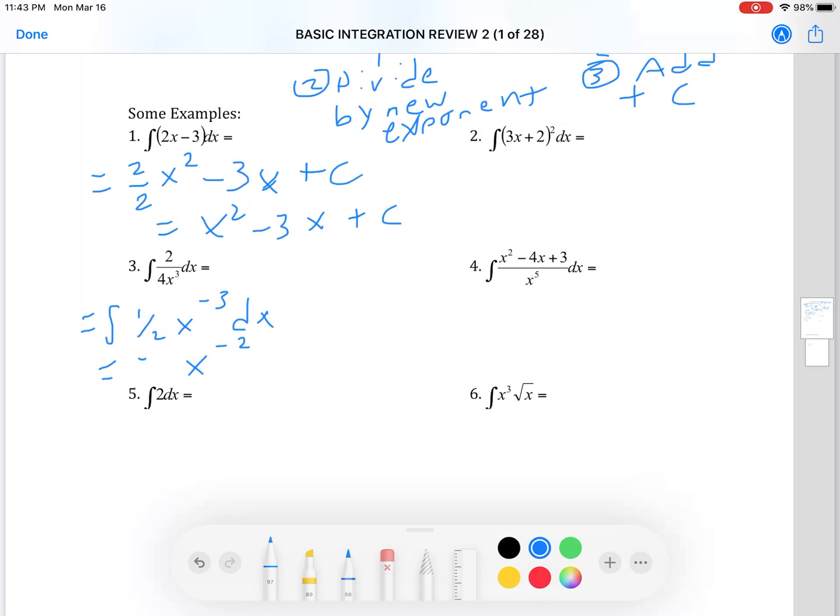So we want this to be a positive 1/2 when we go in reverse. And on tests, if you just wrote this, that would be fine. But pay attention to instructions, sometimes they want your answer to be free of negative exponents. But for now, we will just accept this answer as is.